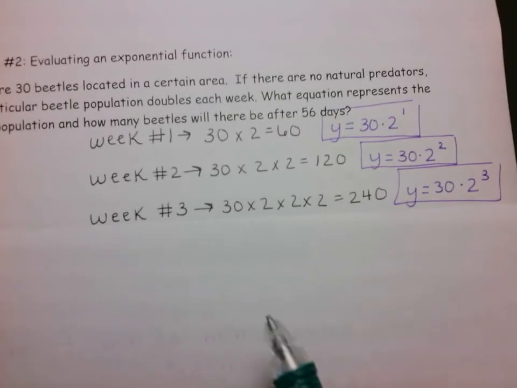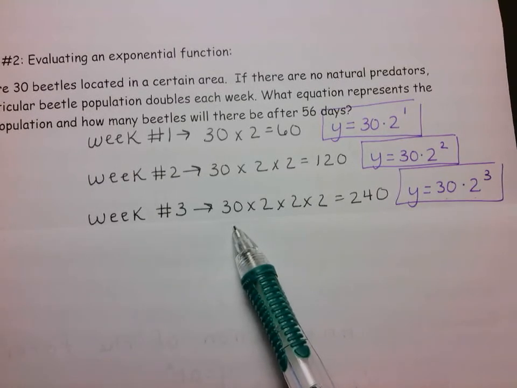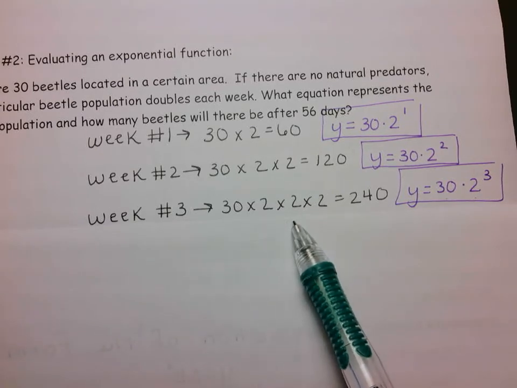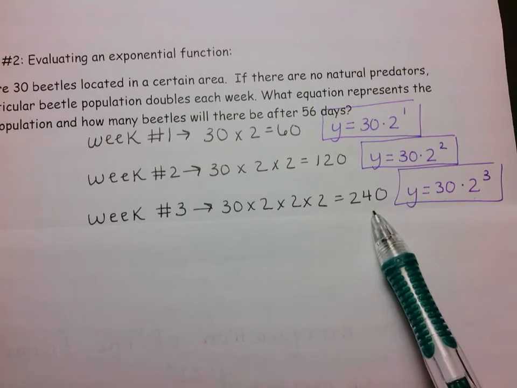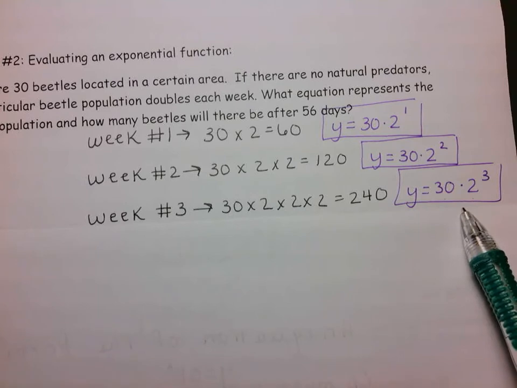Well, after week 3, we've taken our initial beetle population and now we've doubled it 3 times. So now we have 240 beetles. And that's how we can write that situation. We doubled our initial beetle population 3 times.